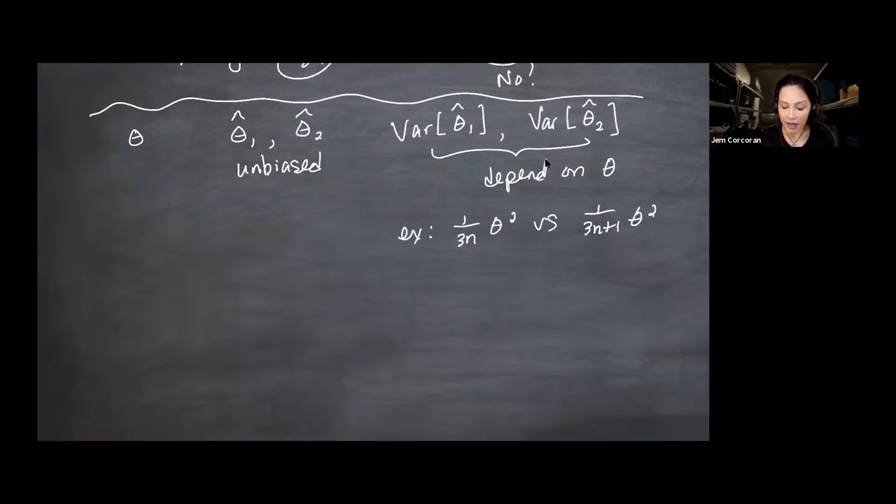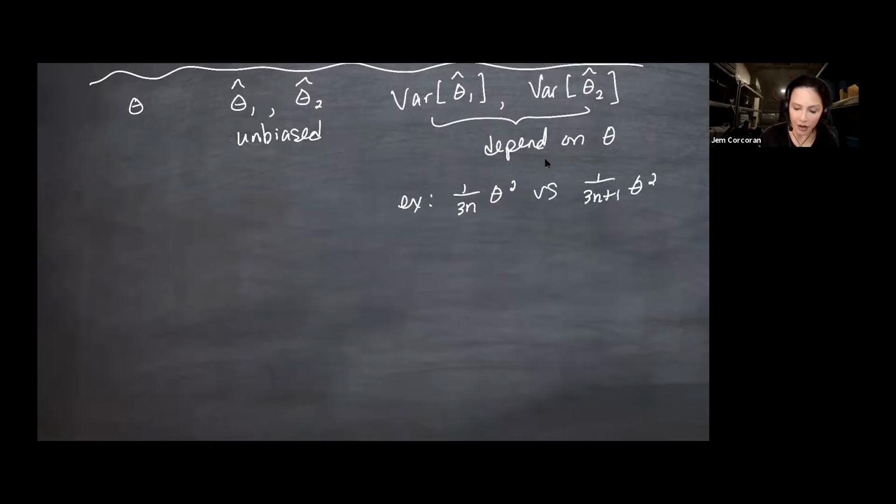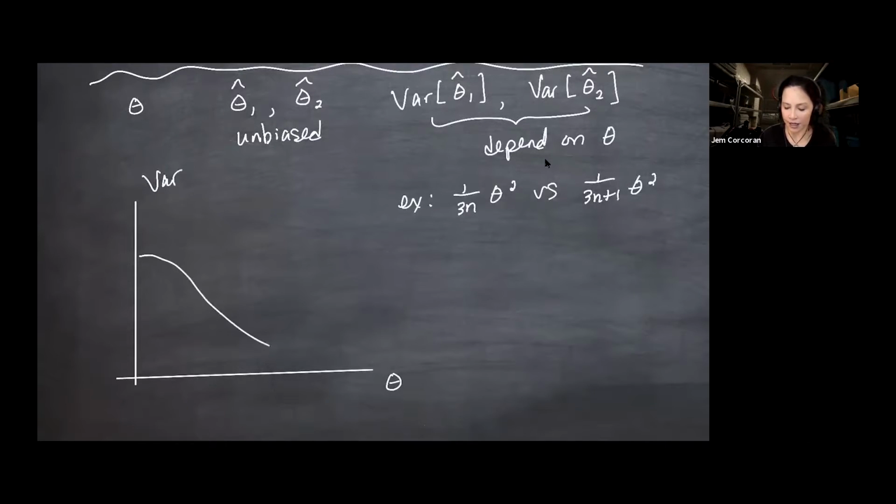But it could be, and I am totally making this picture up, if you graph these as a function of theta, that the variance of one estimator, so you're graphing the variances here, looks like this. So this is a graph of the variance of theta 1 hat, and you can see I've made it some kind of function of theta.